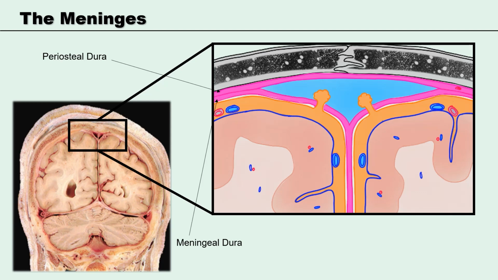The space that they make when they come apart is called a sinus, and this one, because it is superior and follows along the sagittal fissure, is called the superior sagittal sinus. The meningeal layer also reflects and forms a fold which is used to support the brain and isolate different areas. These are called dural folds.